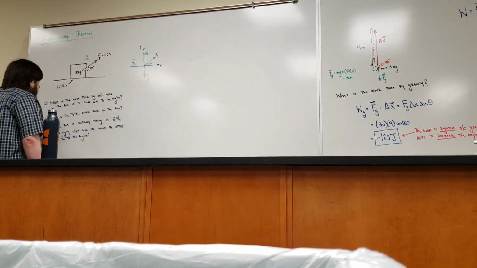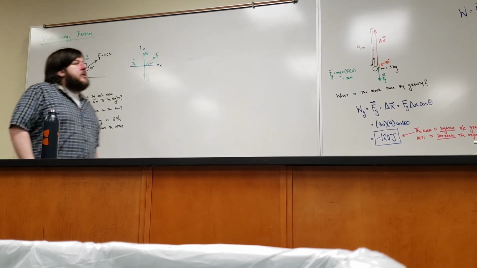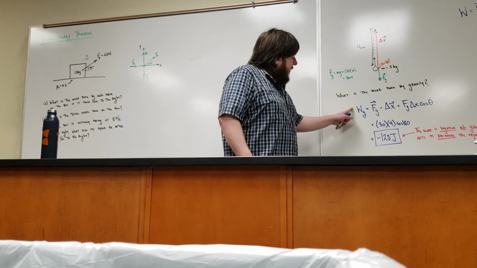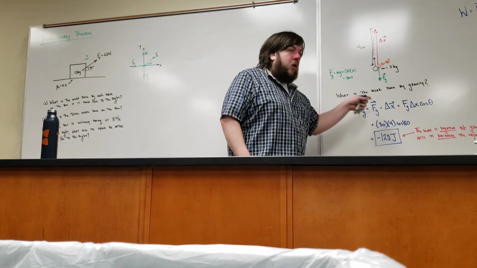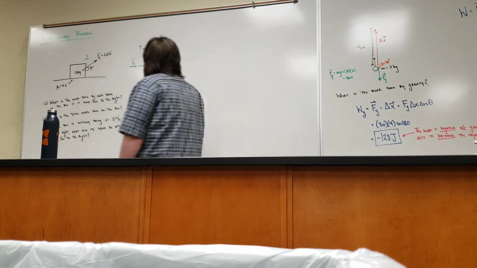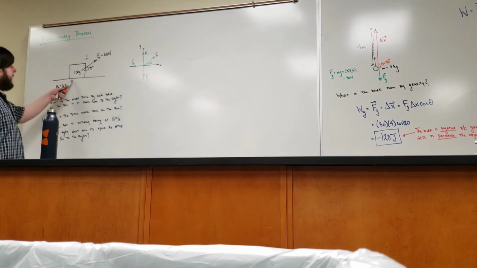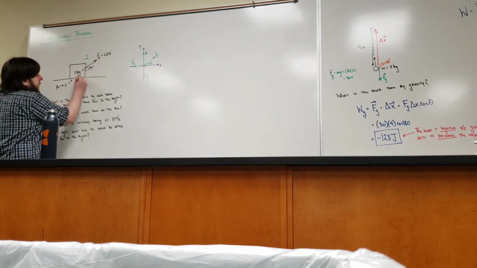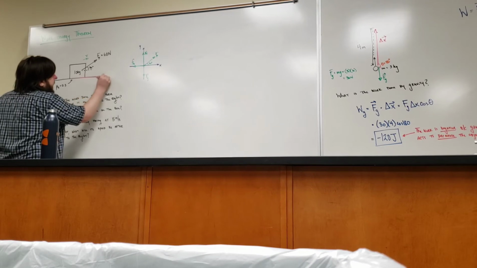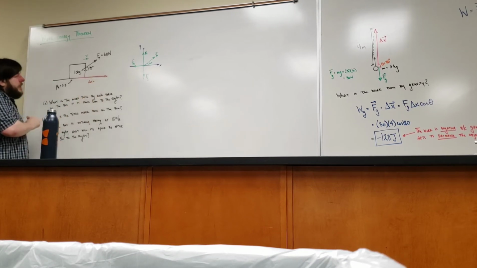All right, so part A, what is the work done by each force on the box? So we need to calculate this formula for each force individually. What direction is the displacement for this box? To the right. What's the magnitude of the displacement?